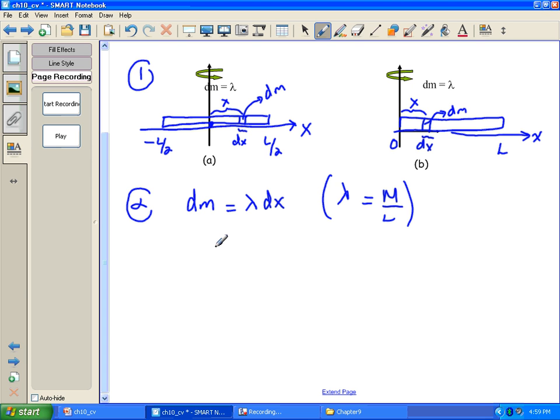Now, when we were doing the center of mass calculations, we always just left lambda as lambda because we had lambda both in the numerator and the denominator, and so in fact lambda canceled. We never had to worry about the actual value of the relationship of lambda to mass and either length or area or volume.